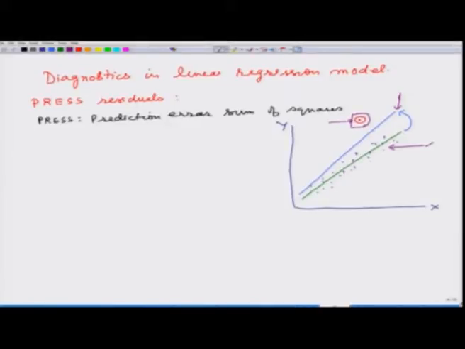Based on this idea, we proceed as follows. First step is to drop the ith observation, and in the second step, fit the regression line with the remaining observations.